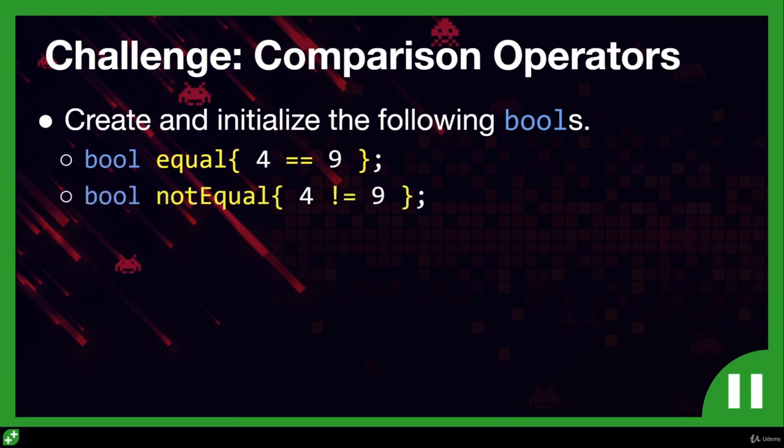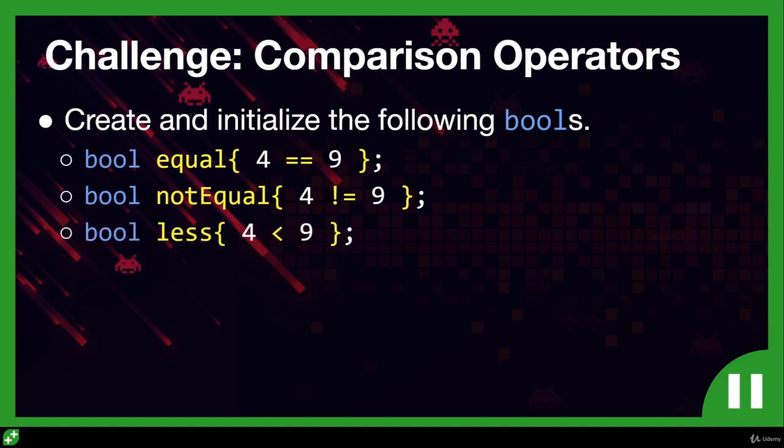Next, create a bool called not equal using braced initialization, and inside the braces, place the expression 4 is not equal to 9. This is what the not equal to operator looks like. It looks like an exclamation point with an equal sign, and this is read as not equal to.